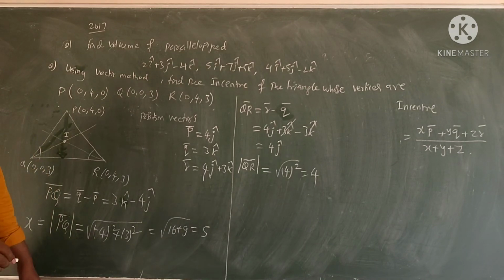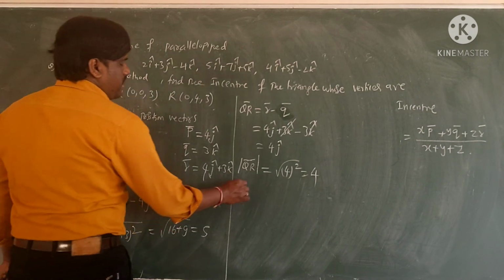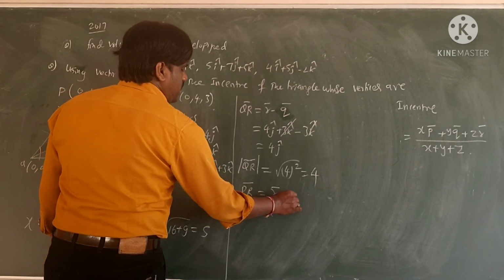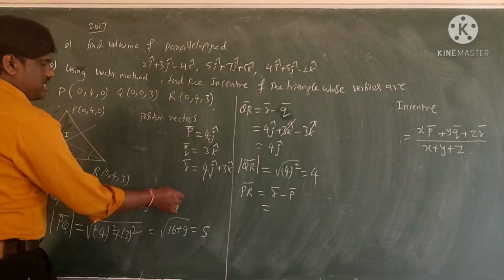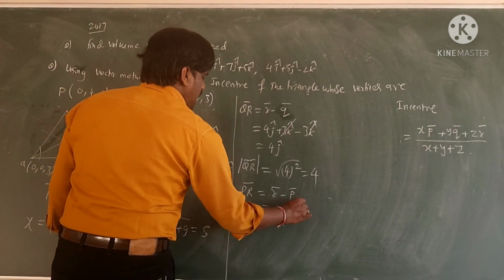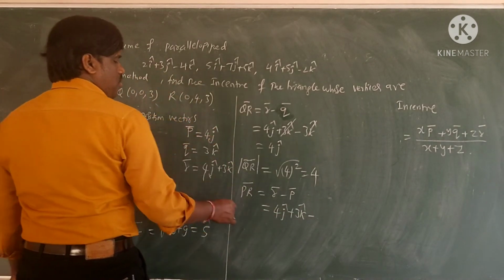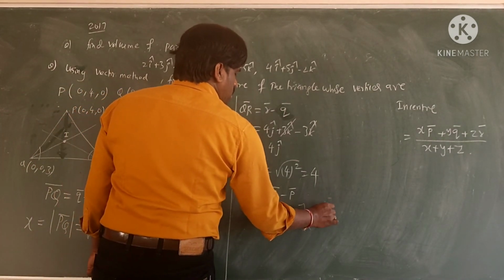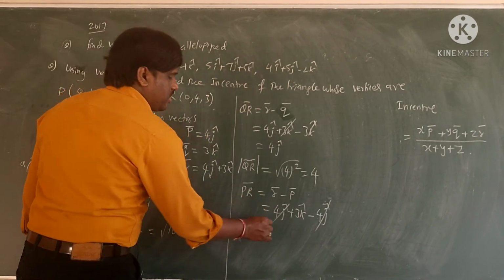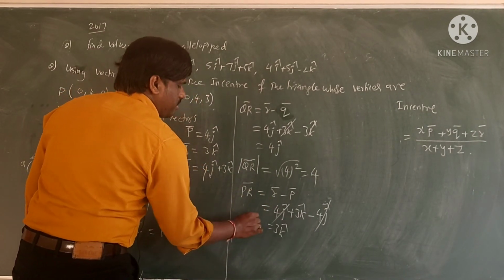Now what am I going to find now? PR. PR vector is equal to what? R vector minus P vector. R vector is what here? 4j cap plus 3k cap minus P vector 4j cap. So 4j cap cancels out. So 3k cap I got. This is equal to 3k cap. PR vector.